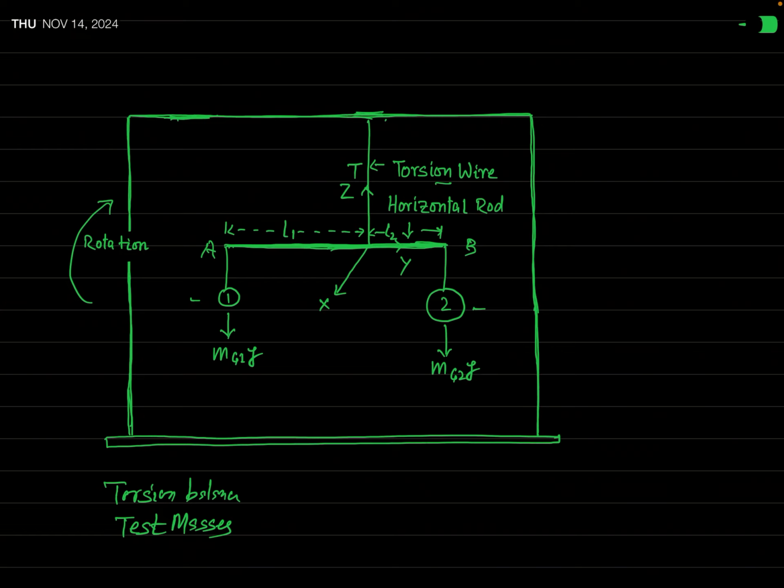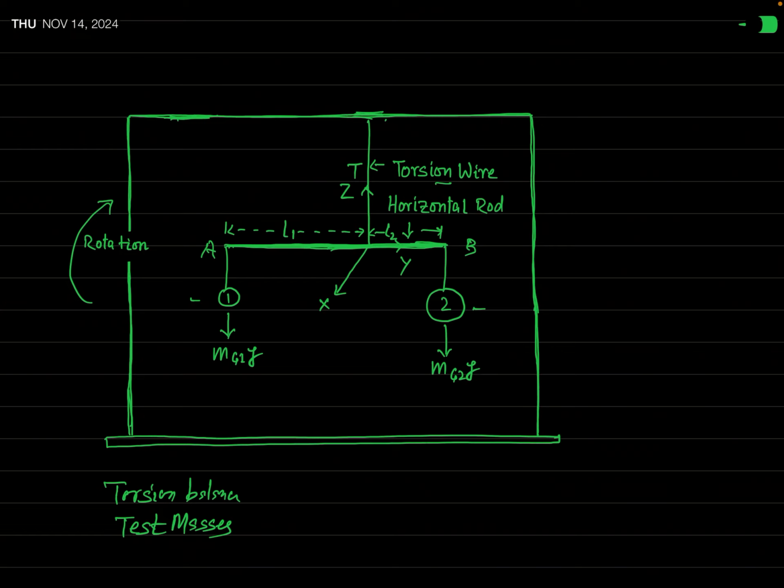Now, the idea of Eotvos was that if Earth's gravity pulled differently on the two materials, that is, if their gravitational and inertial masses were not equivalent, then the rod would twist. This was the idea. If these two masses are pulled differently by the Earth's gravitational field, then there will be a twist in the rod.